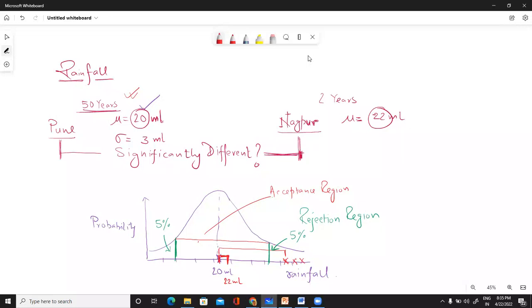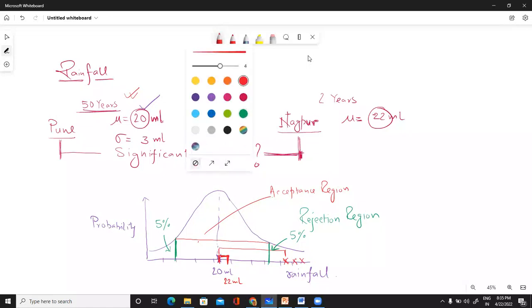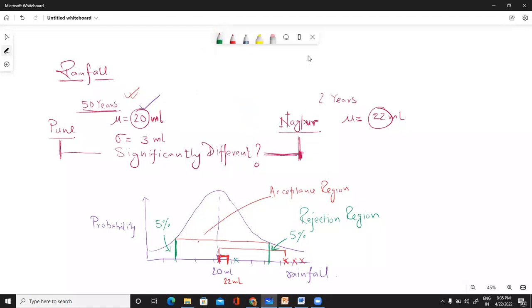But when our new value is in the acceptance region, we will say that nothing has changed. Basically, what we have represents the past data only. So this much is clear.